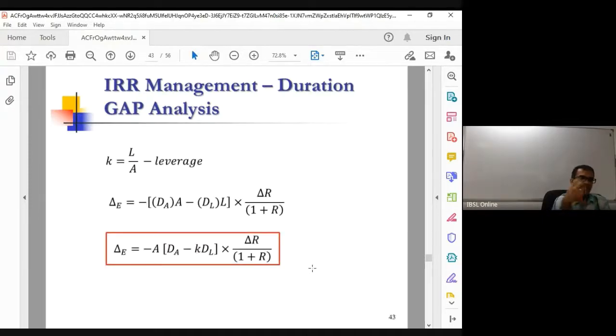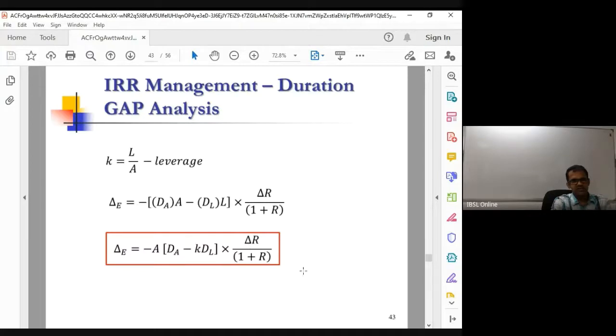So now we can incorporate the leverage. What is leverage? That is the liabilities over assets. So we can rearrange this equation for the change in equity value by substituting liabilities with K times A and taking out the A. So K is the leverage ratio.